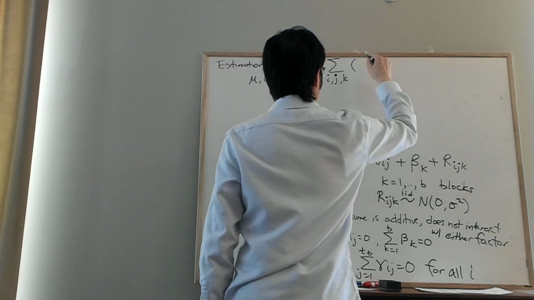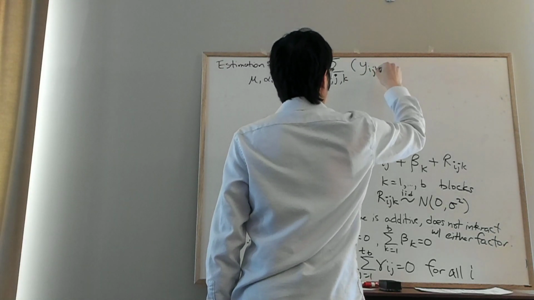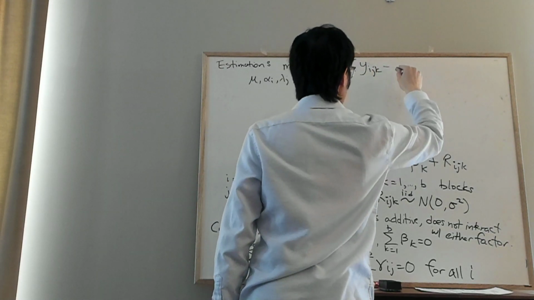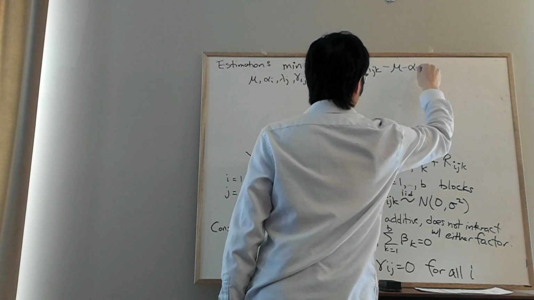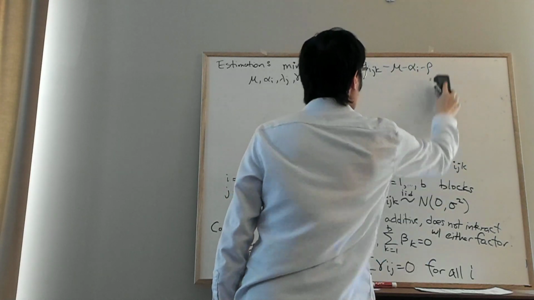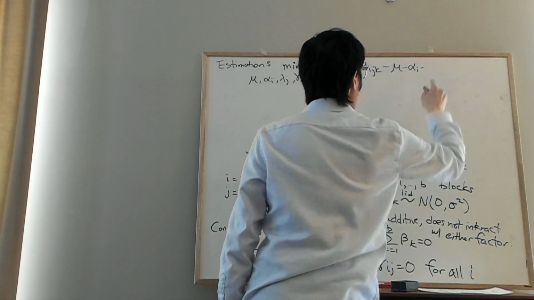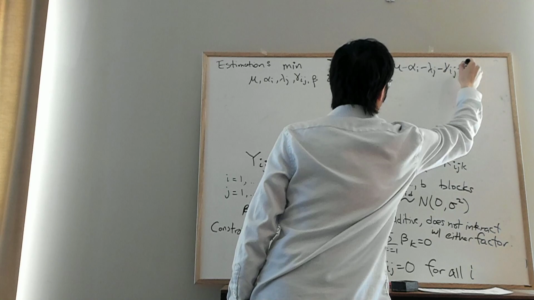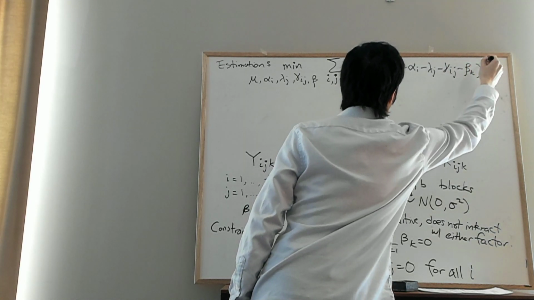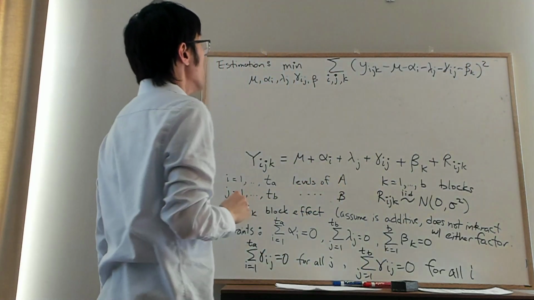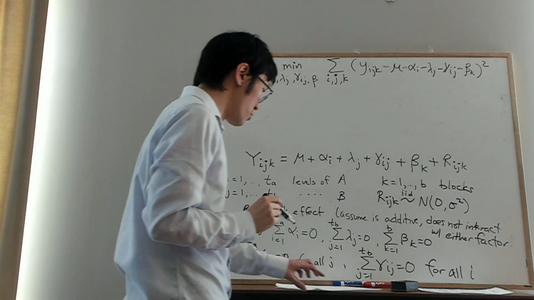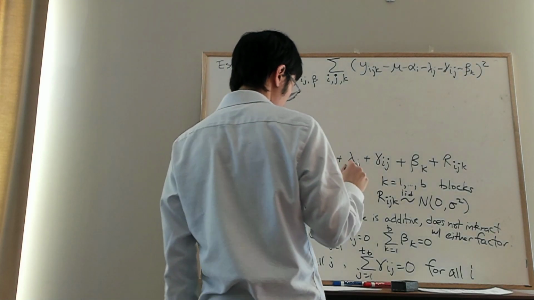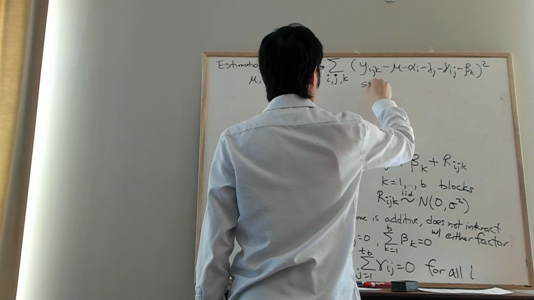What we're minimizing is this difference of y minus mu, alpha i, lambda j, interaction, and then block. And we're doing that subject to all the constraints.